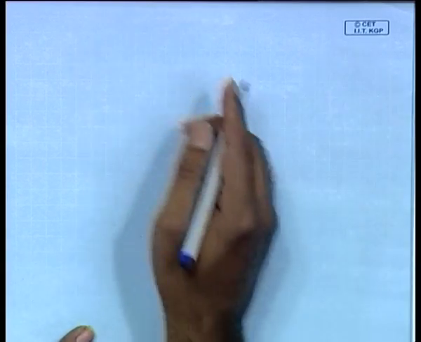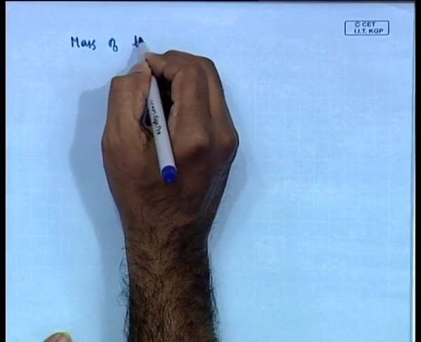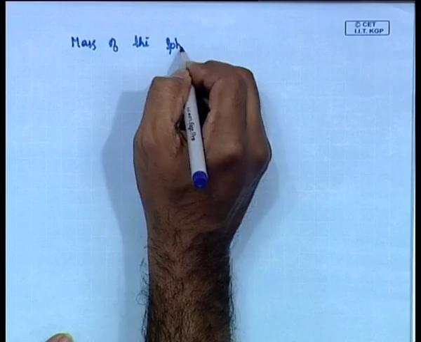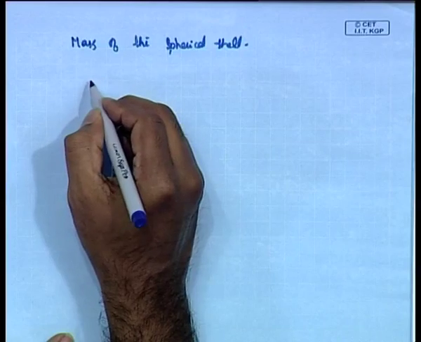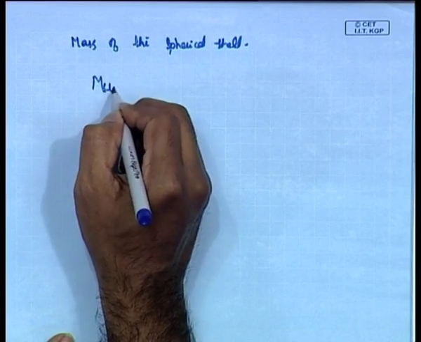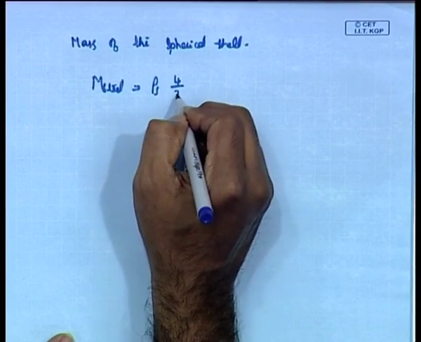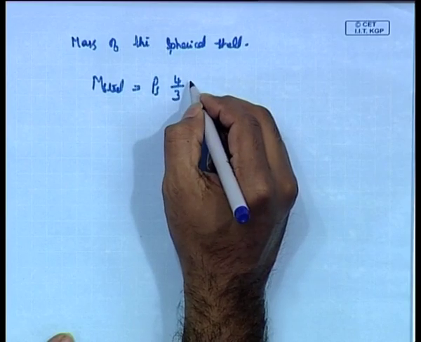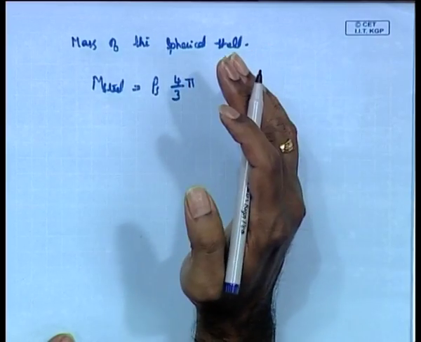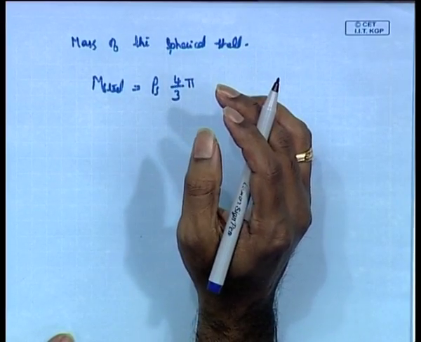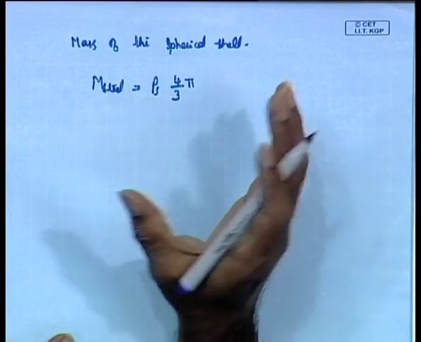Then the mass of the spherical shell is given by m of steel is equal to rho s into 4 by 3 pi. Remember, this is a hollow sphere, it has an inside and an outside, and the mass comes only from the steel.